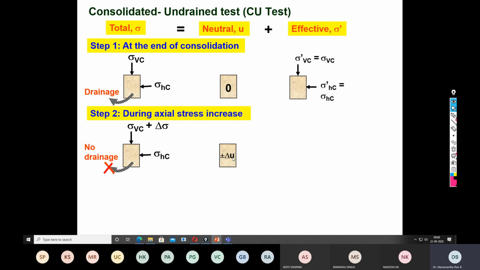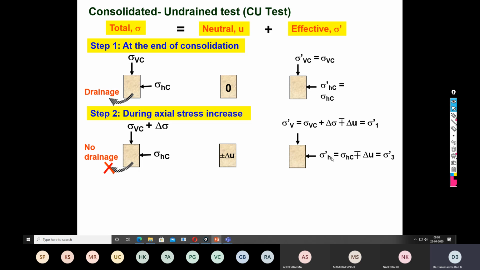Now, depending upon the soil condition, whether it is normally consolidated or over consolidated, the pore pressure could be positive or negative. For example, in case of over consolidated soil, the soil is able to take in water. Positive means expulsion of water, negative means the tendency to absorb water. So these are the conditions of the total and effective stresses during the shearing stage.